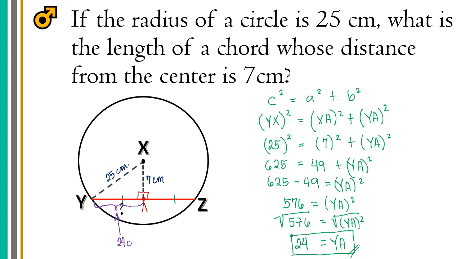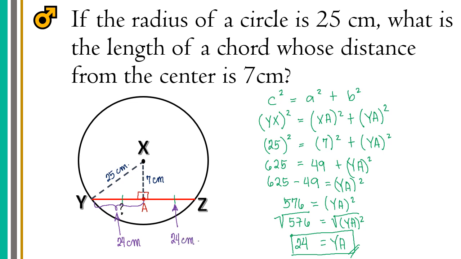24 centimeters. And of course, based on our illustration and applying theorem 105, since we do have this line segment from the center of the circle which is perpendicular to our chord, it would bisect the given chord into two equal segments, and that means if YA is 24, therefore AZ is 24 centimeters as well.